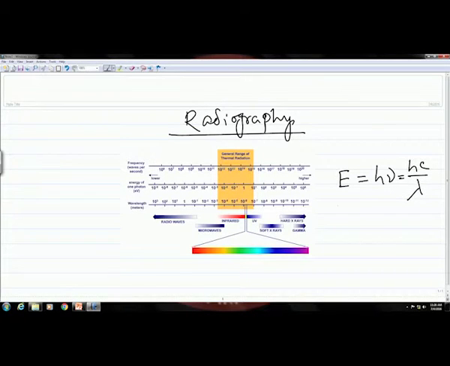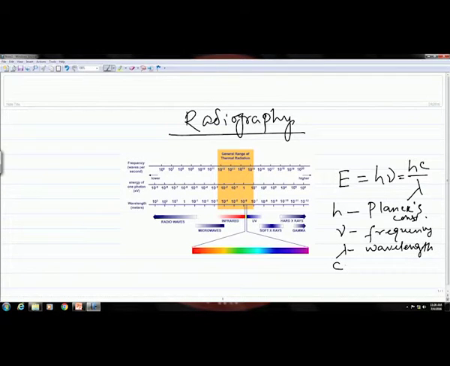Wherein h is Planck's constant, nu is the frequency, lambda is wavelength, and c is speed of light. Okay, so, as you increase the frequency or decrease the wavelength, the energy increases.